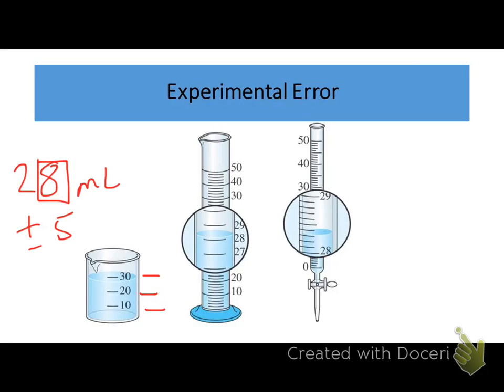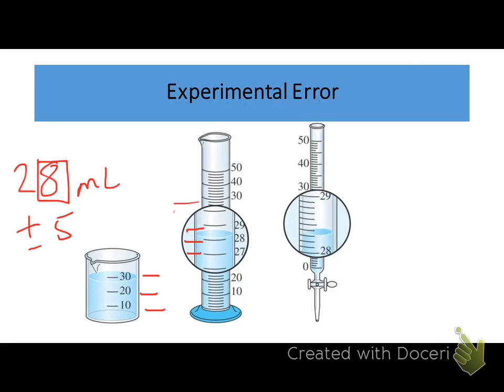Alright, now let's take a look at the graduated cylinder. Okay, the graduated cylinder should give me a little bit more precision. It's a better instrument. Alright, so I should be able to record more digits with the graduated cylinder. So let's look at what we're going up by. It looks like we're almost going up by ones. So we have 27, 28, 29, and then 30.